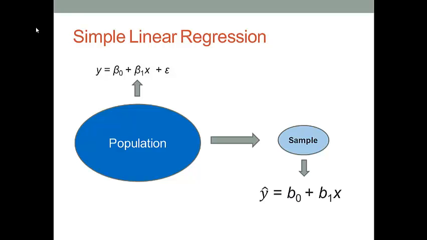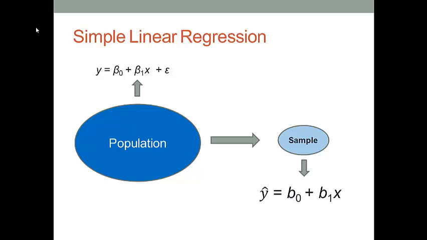To differentiate the population and the sample, we use b sub 0 to represent the constant in the sample. We use b sub 1 to represent the coefficient of the independent factor in the sample. If we are able to find out b sub 0 and b sub 1 in this sample, then we can say beta sub 0 and beta sub 1 will have similar values.